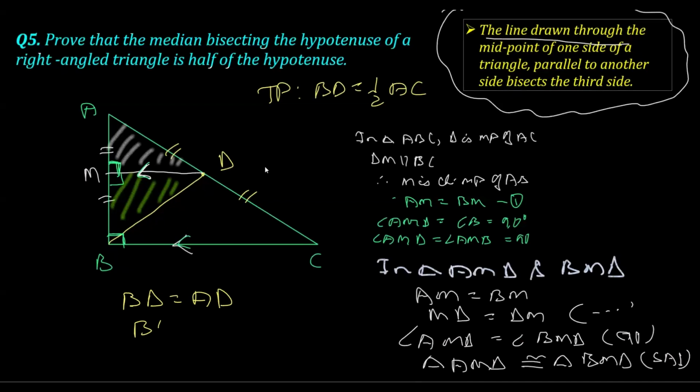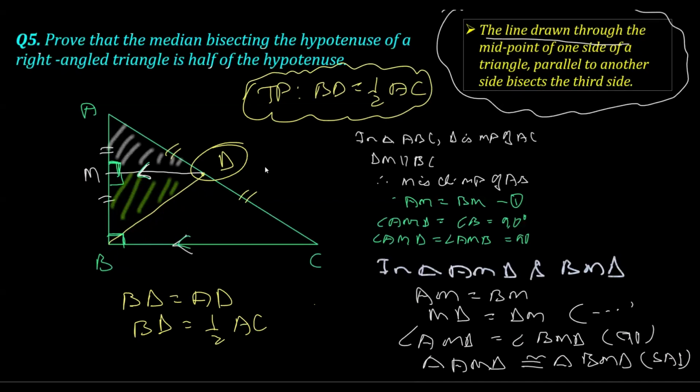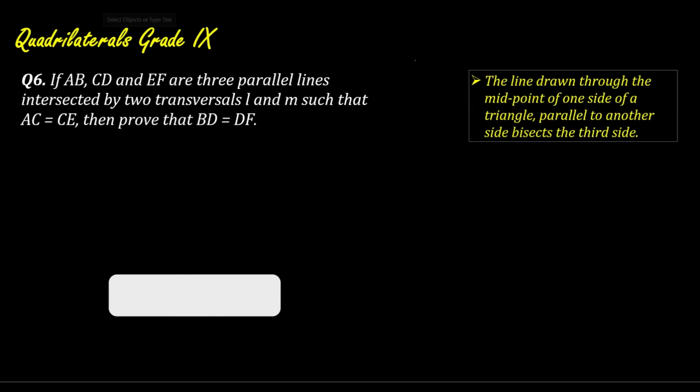And what you know is that D is the midpoint of AC, so I can replace AD with half of AC. And I think this is what we needed to prove. Now let's move to the next question.